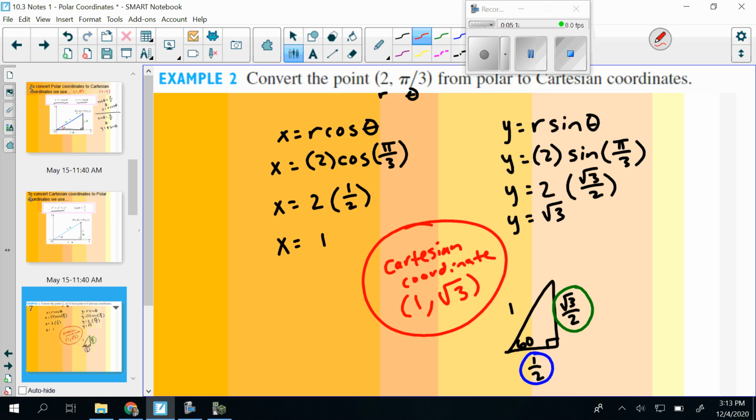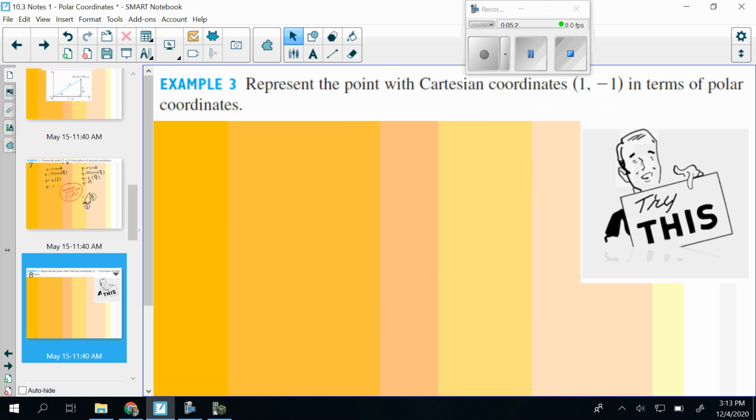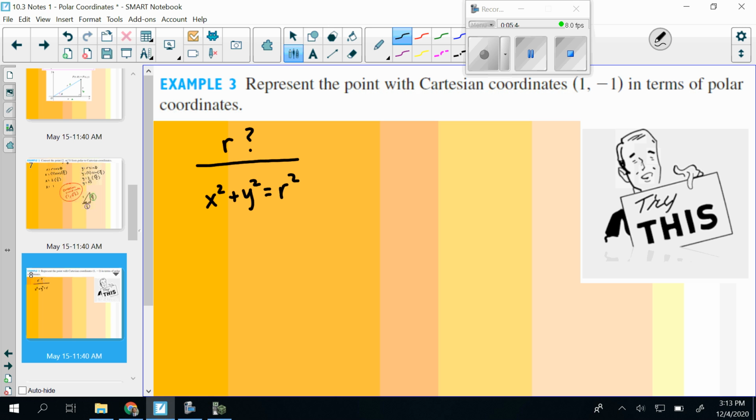All right, let's go the other way. What if you were asked to convert our Cartesian coordinate of (1, -1) in terms of its polar coordinates? All right, so here we're going to use our other way of doing it. So if we want to find what is our r, we're going to use the Pythagorean theorem here of x squared plus y squared equals r squared.